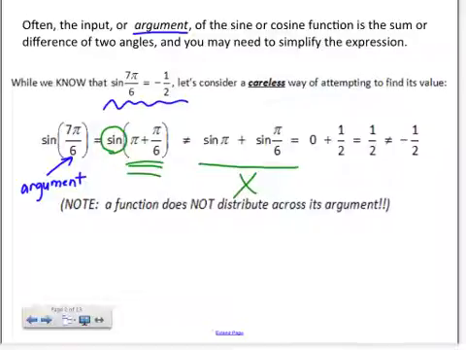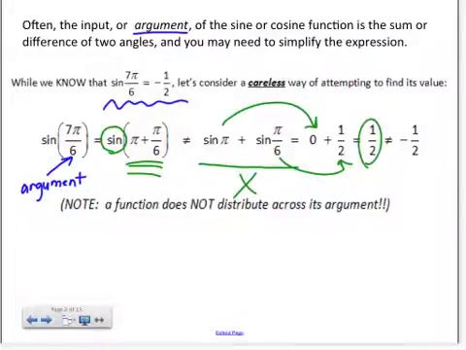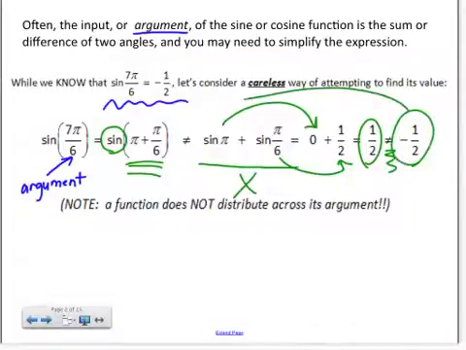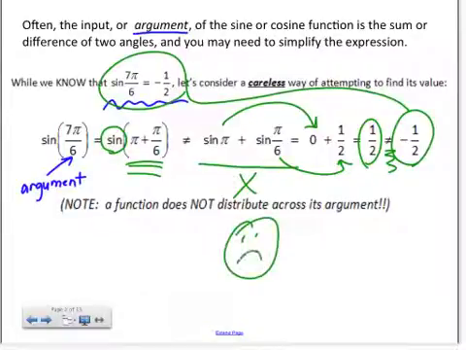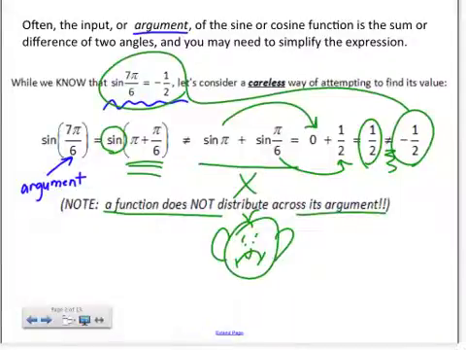If you tried to distribute, you would get sine of pi plus sine of pi over 6, and you know that the sine of pi is 0, and the sine of pi over 6 is 1/2, and 1/2 plus 0, which is 1/2, is not equal to what we know to be the sine of 7 pi over 6. So this is a very important bit of information you need to know and not forget: a function does not distribute across its argument.